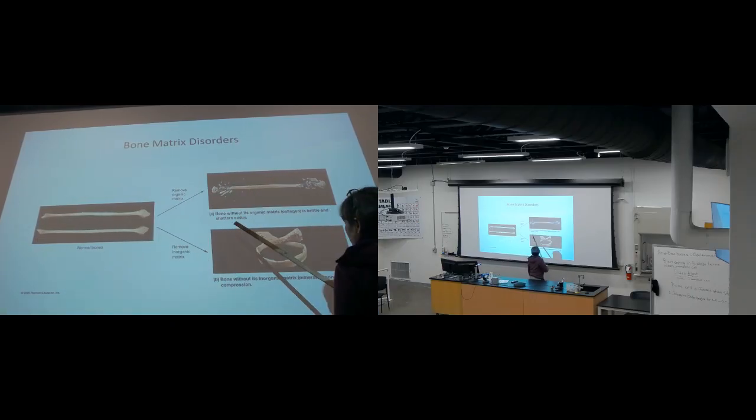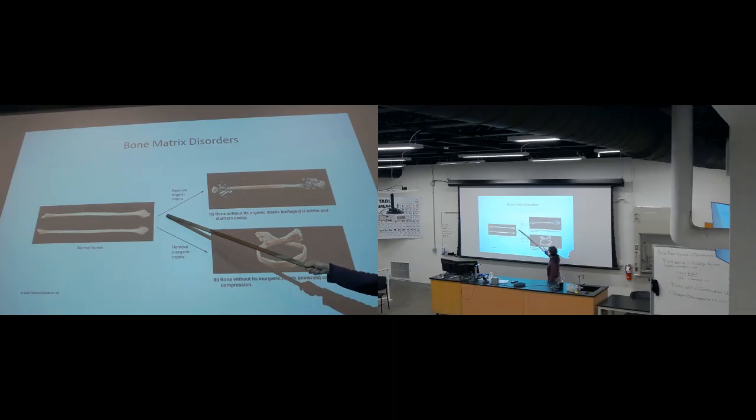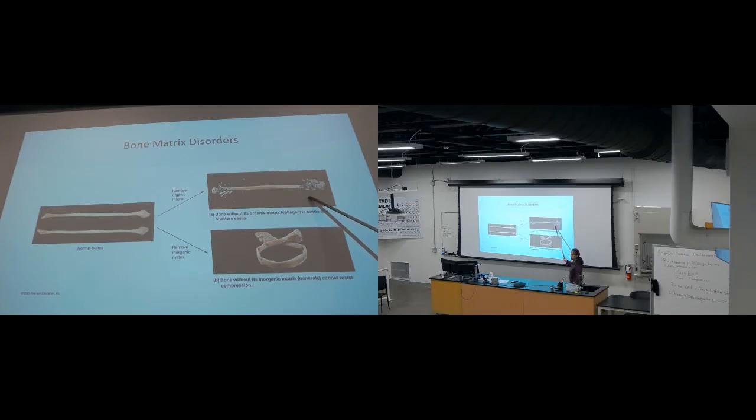And then if you remove the organic matrix, if you remove the collagen fibers and you leave only calcium, look at what happens to this bone. It shatters. It's very brittle because you remove the flexible portion, the osteoid, the organic matrix. So now, if you remove the inorganic matrix, the calcium, and you have only collagen fibers, look how this bone bends. It's so flexible.